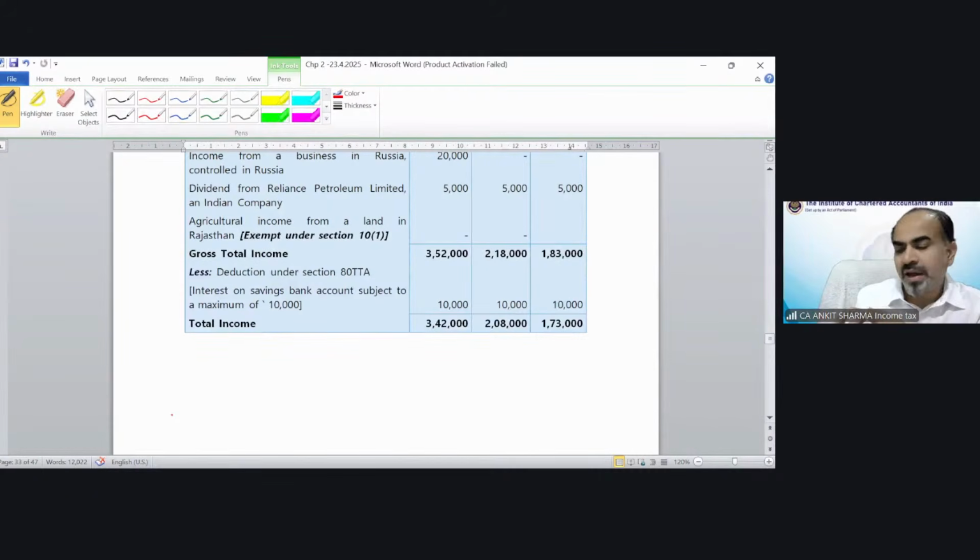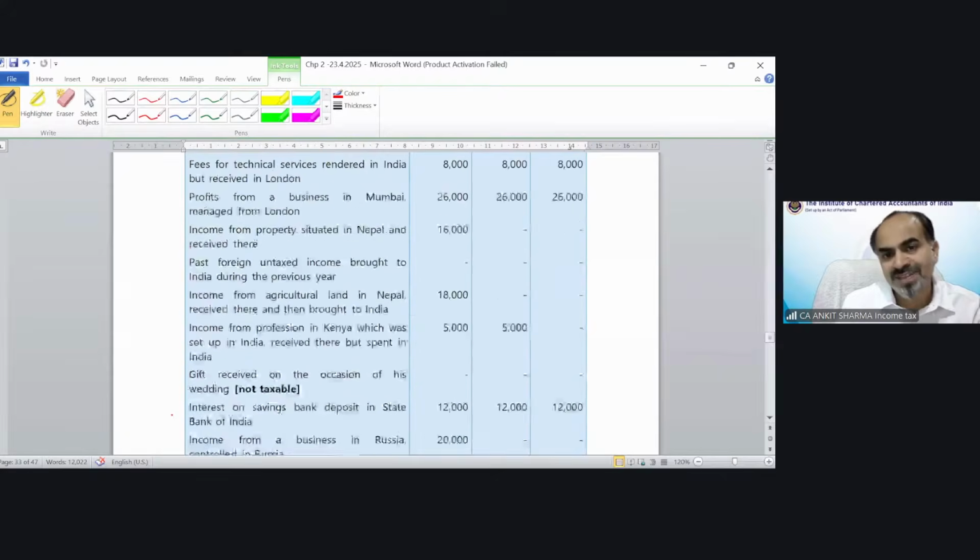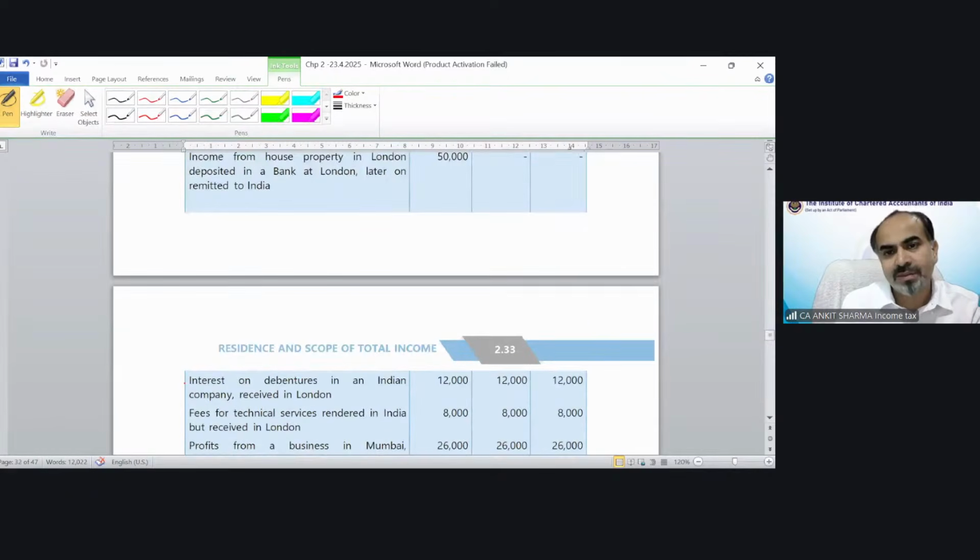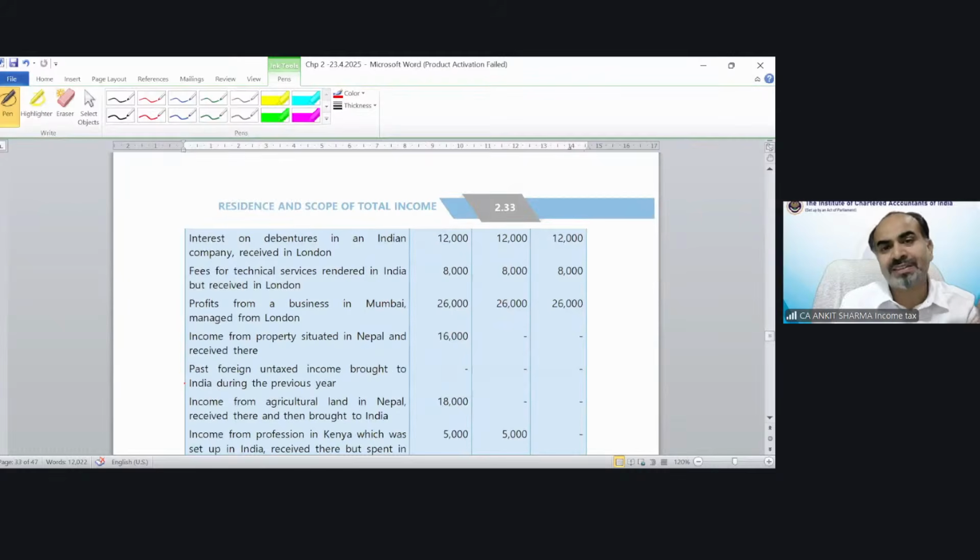One is about finding the residential status, and I believe that would be for an individual only, and in that also I believe it would be a case of special circumstances, category B. And of course in that the assessee would be a resident, so you have to find out the sub-classification also. The other kind of question is, as we have gone through, taxability on the basis of your residential status, the incidence of tax question.